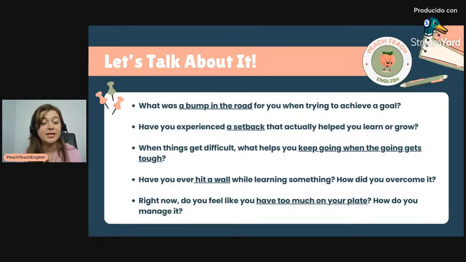So for me, what keeps me going when the going gets tough is a strong mindset, knowing that nothing we achieve that really matters comes easily, and we have to be persistent and keep going.